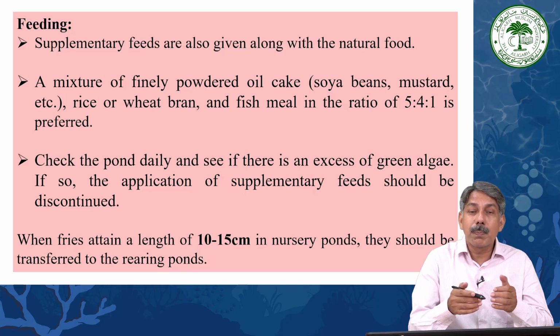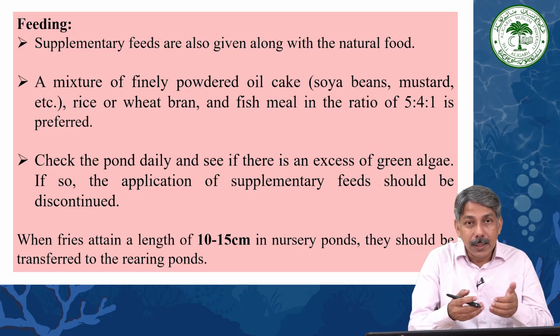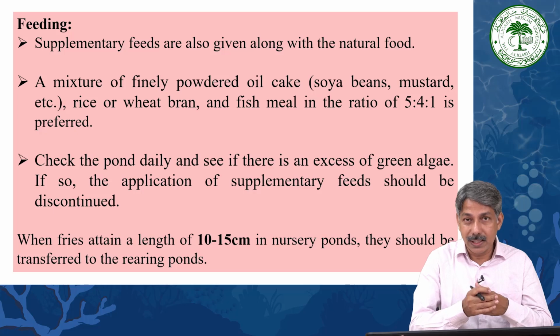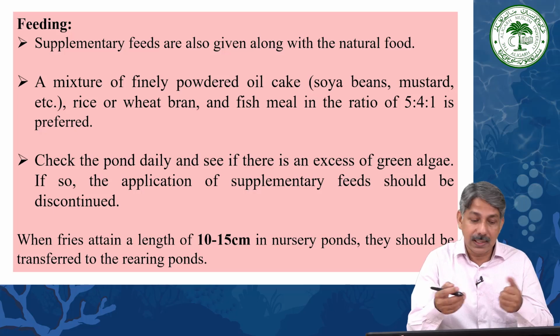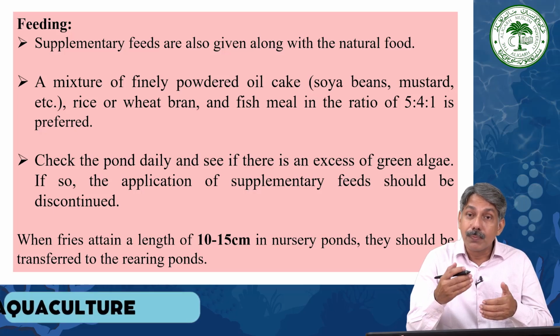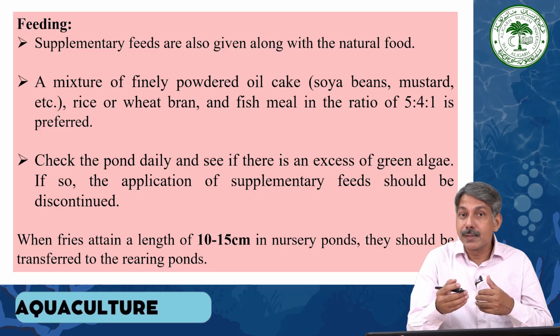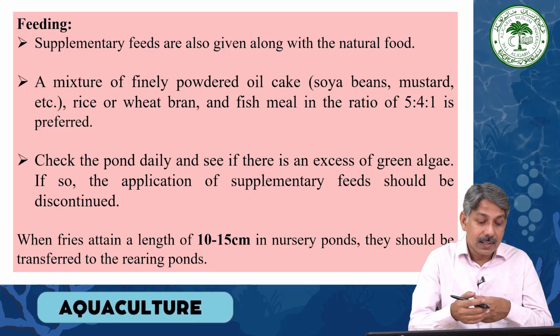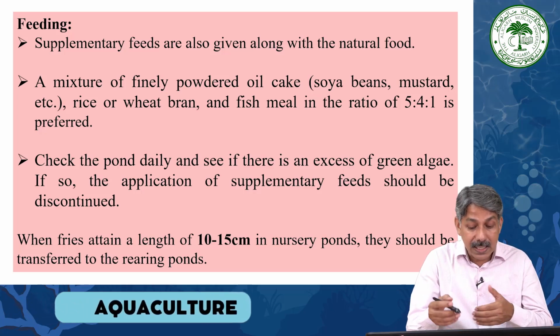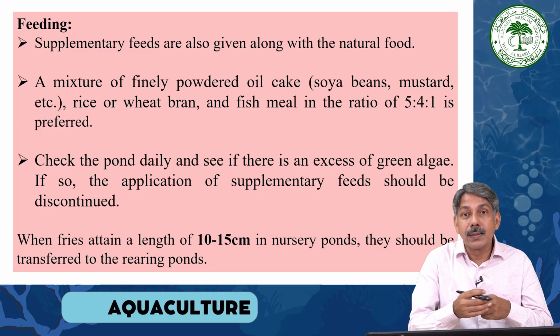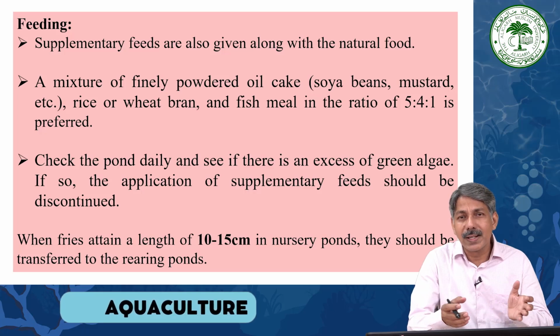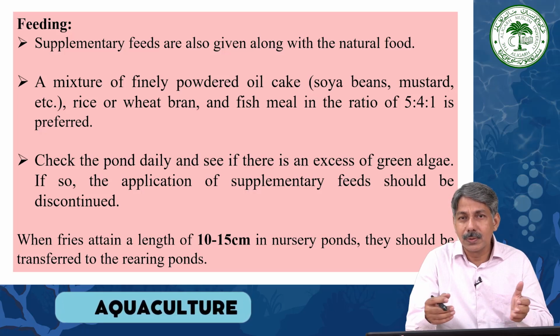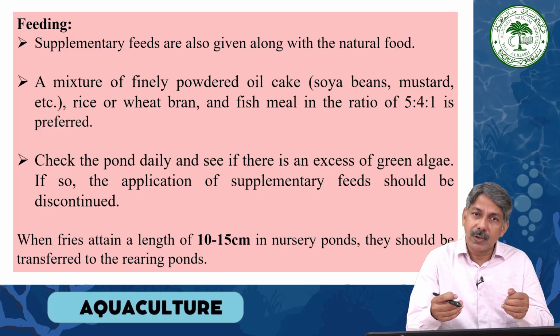We prepare the pond for enhancing the natural productivity, for getting more phytoplankton and zooplankton, on which these fry love to feed, in fact. And to maintain that, we need to provide organic manures and do water quality checks on a continuous basis, regularly.